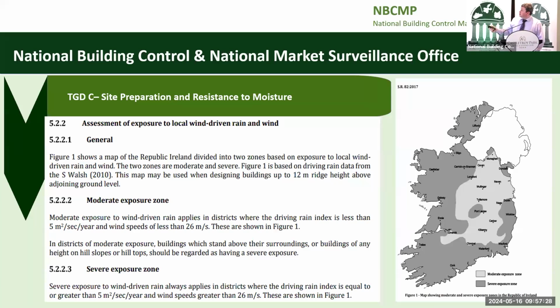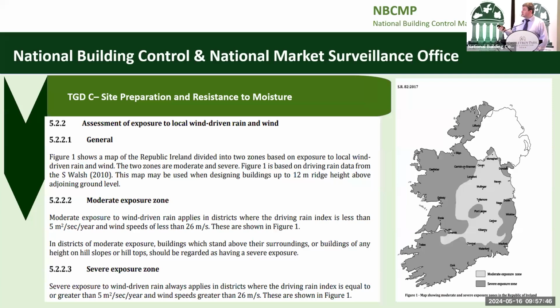Donegal is up at 15. Kerry down here is about 10. The only place that's really low enough is Dublin, around a 5.